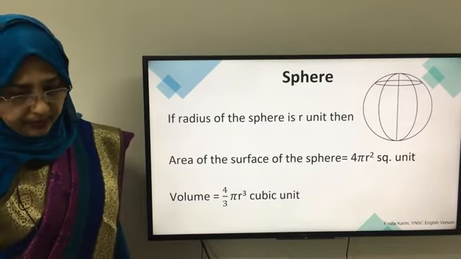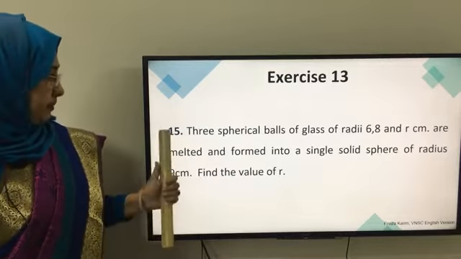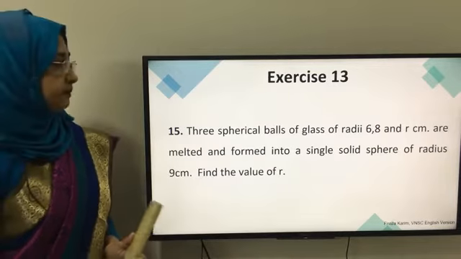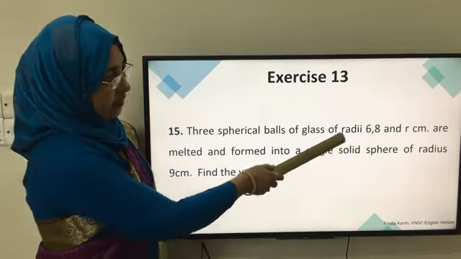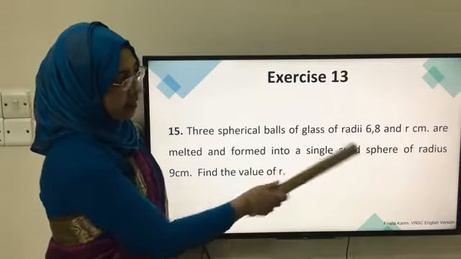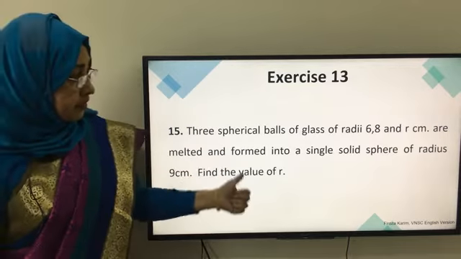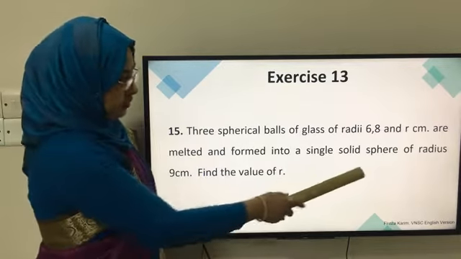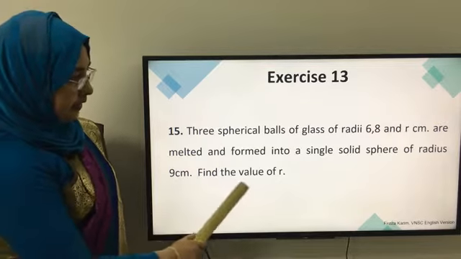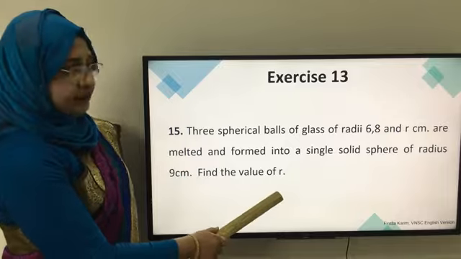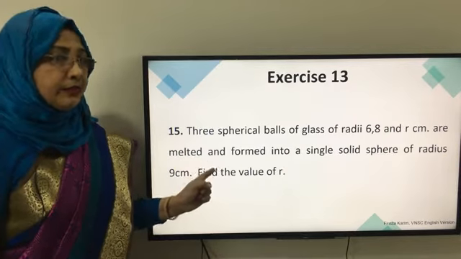Okay, now let's see problem number 15. Three spherical balls of glass of radius 6, 8 and r centimeter are melted and formed into a single solid sphere of radius 9 centimeter. Find the value of r. So girls, look at the question very carefully.